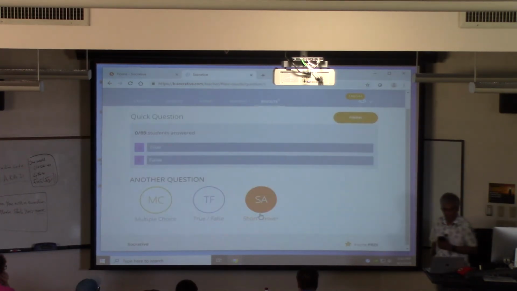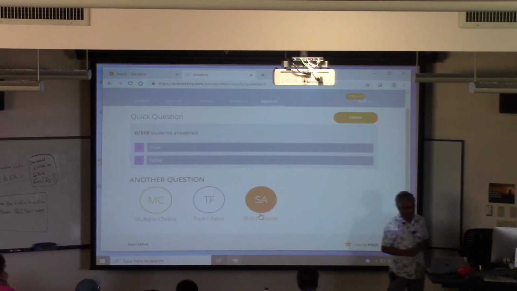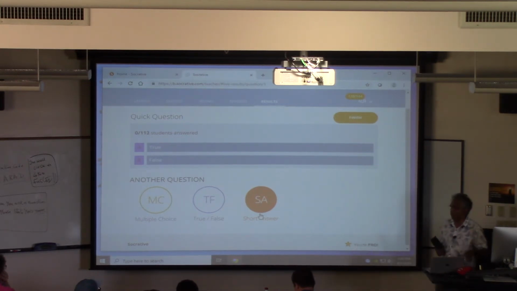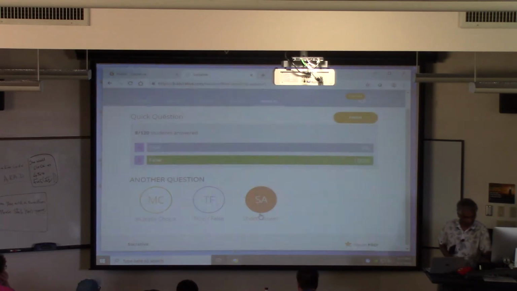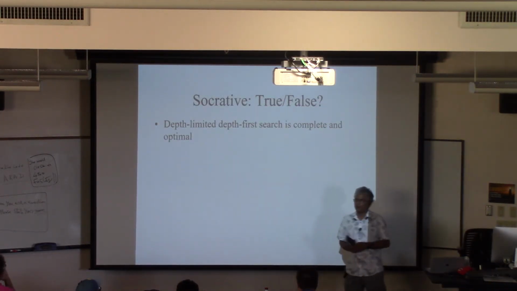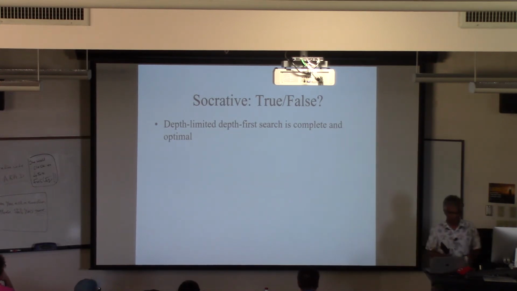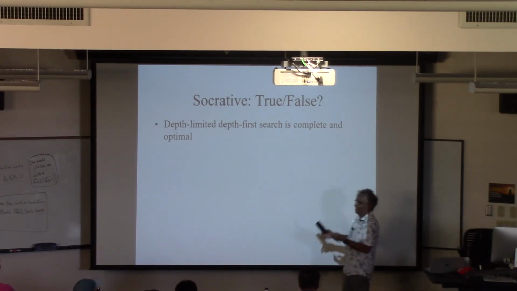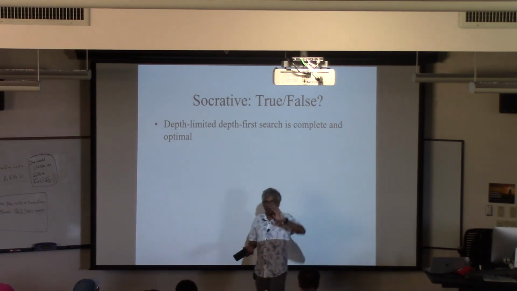The next one is another true false. Depth limited depth first search is complete and optimal. Complete, again I'm assuming you read the textbook, okay?